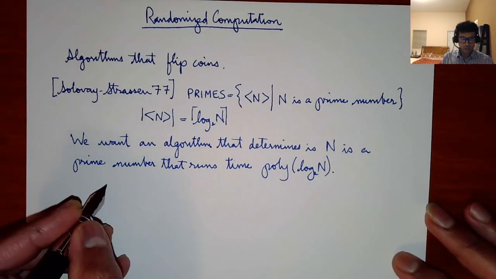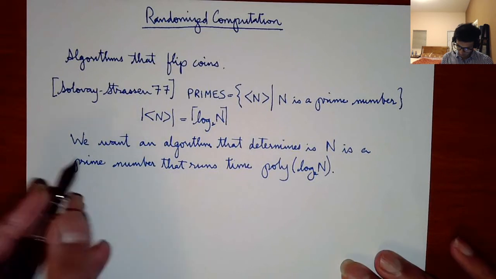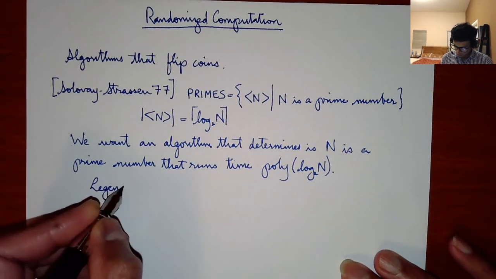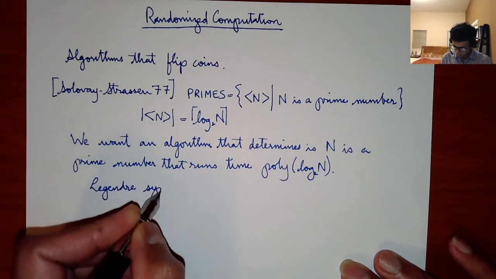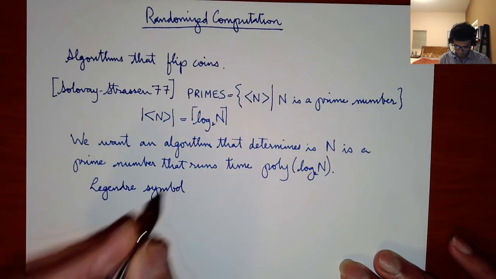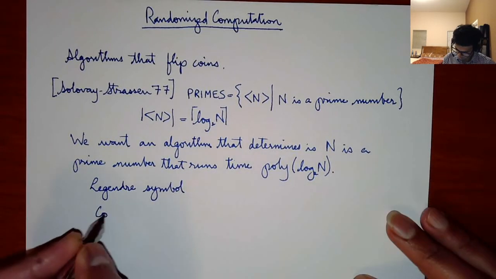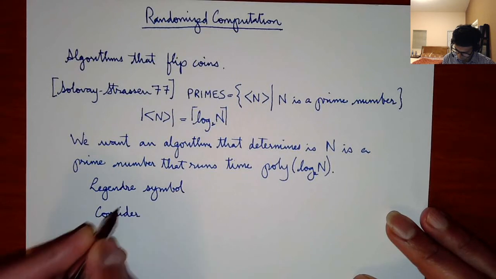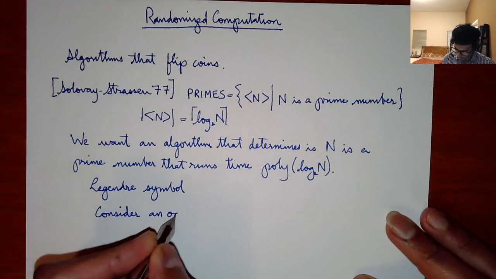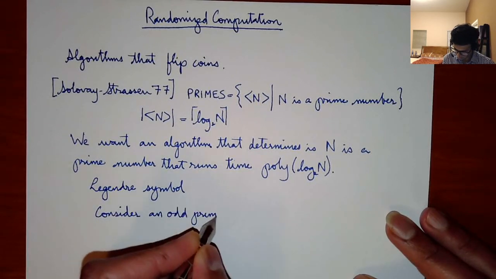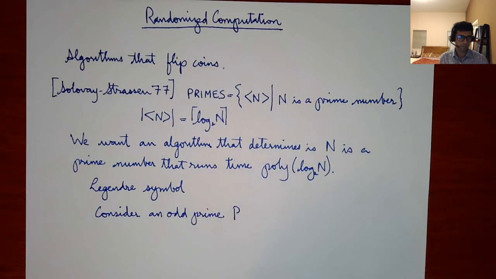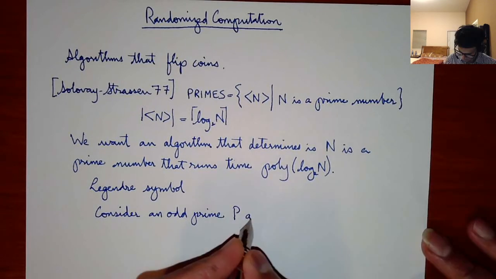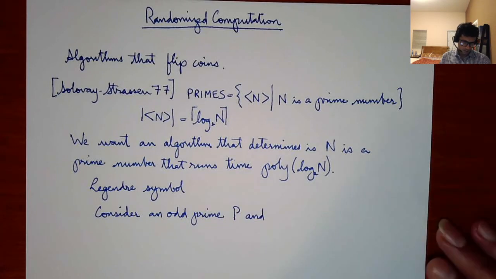So there's something in number theory known as the Legendre symbol. And so let's consider an odd prime p. That's just any prime that isn't 2. And any a.